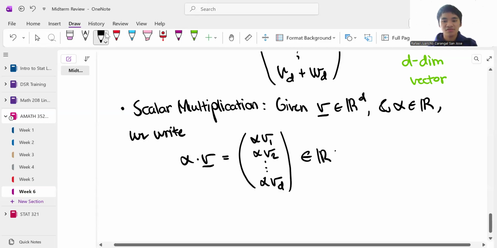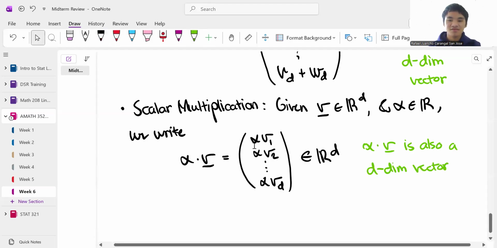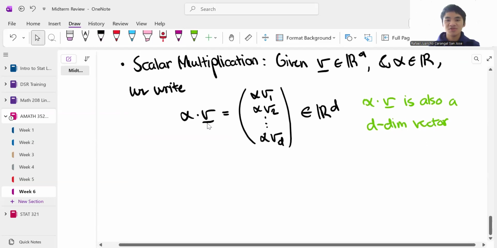And this belongs in R^d still, right? Because we just multiplied it. So we also say that alpha multiplied by a vector is also a d-dimensional vector. So we're still getting a vector out of it when we scalar multiply a vector.